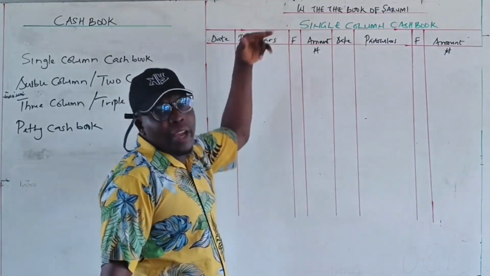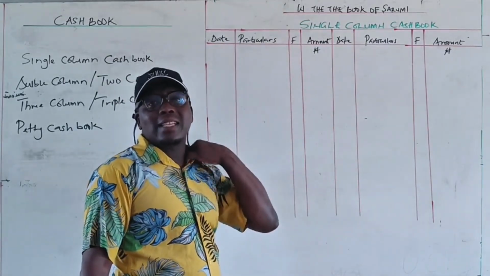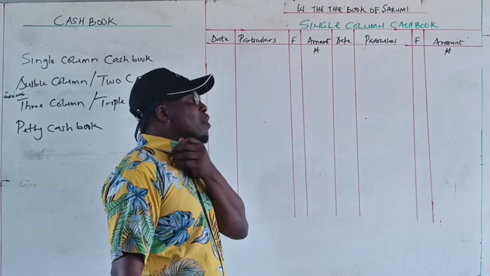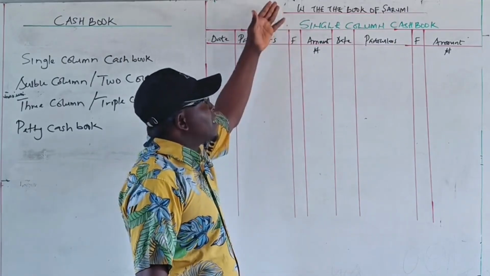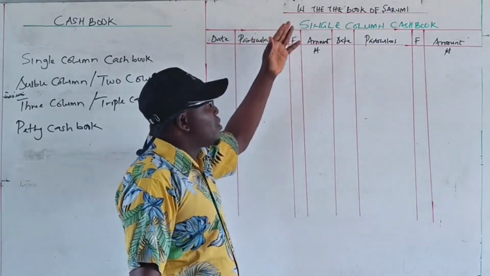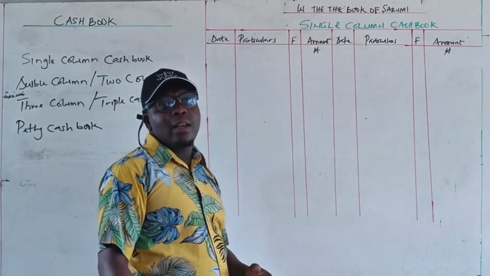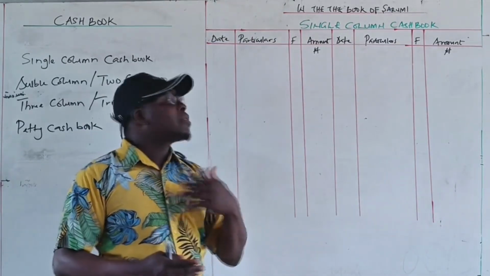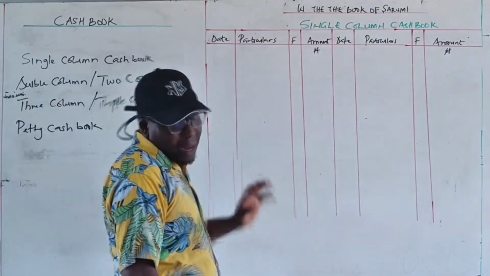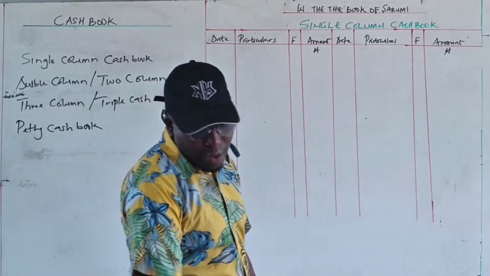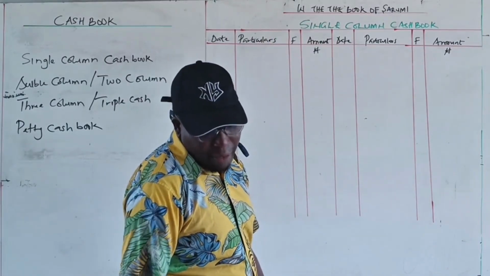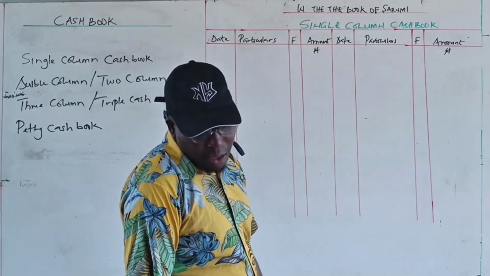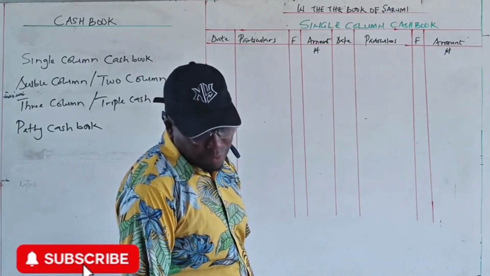Following the business entity concept, we are writing in the books of Sarumi, which means we are reporting in the account of Sarumi. So we have a single column cash book that starts from January 1st to January 21.